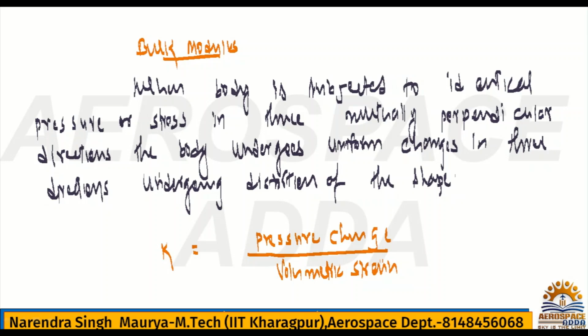The bulk modulus is basically defined as the ratio of identical pressure P acting in three mutually perpendicular directions to the corresponding volumetric strain, meaning very simple.